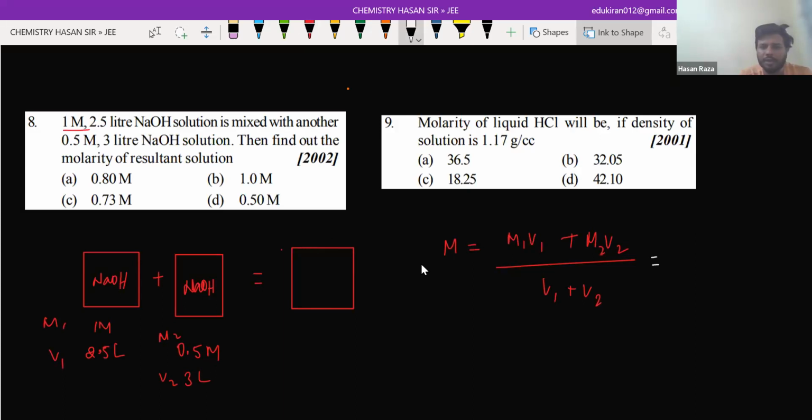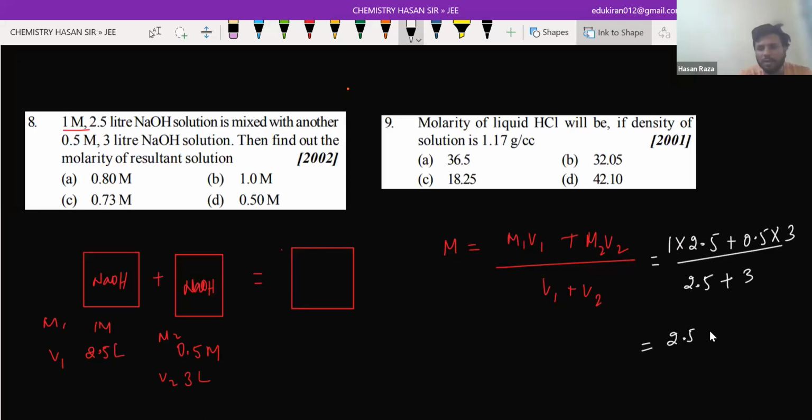M1 is 1 and V1 is 2.5. M2 is 0.5 and V2 is 3 liter, upon V1 which is 2.5 plus V2 which is 3 liter.